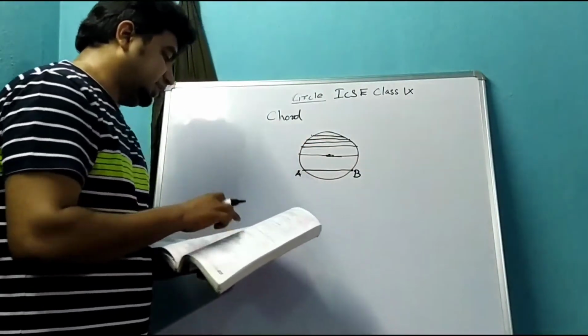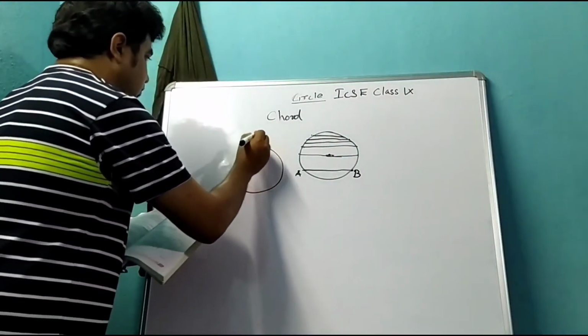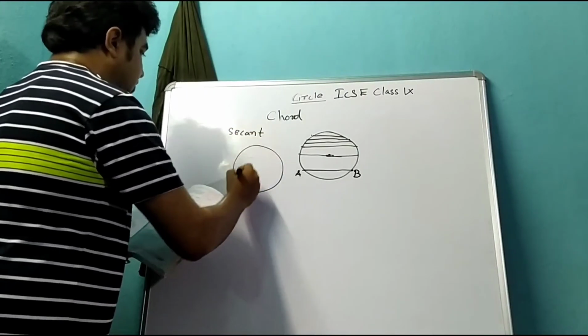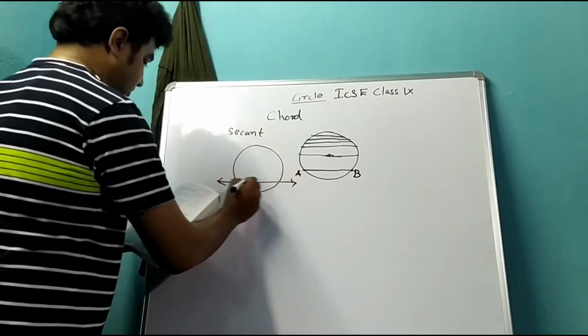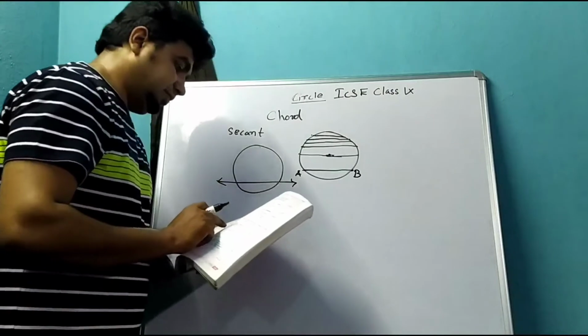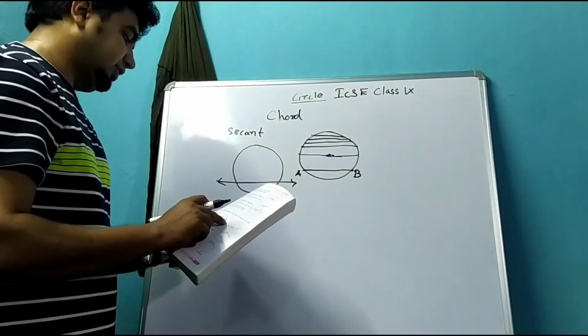Now I will be discussing the secant. A line which meets a circle in 2 points is called a secant of the circle.